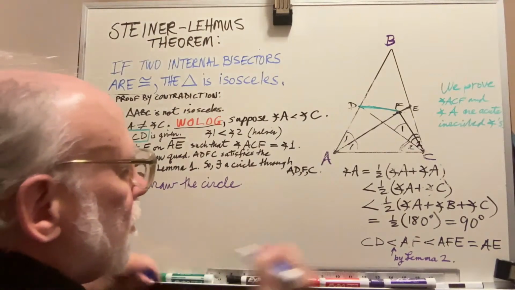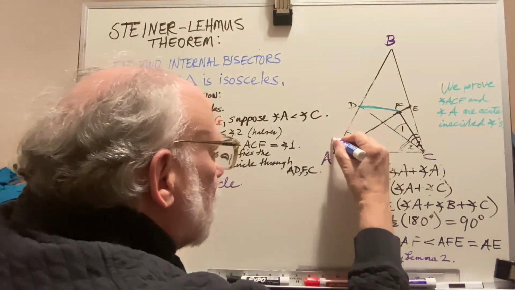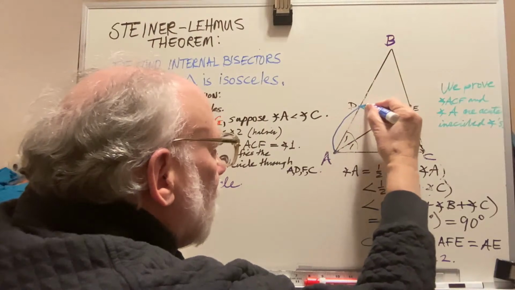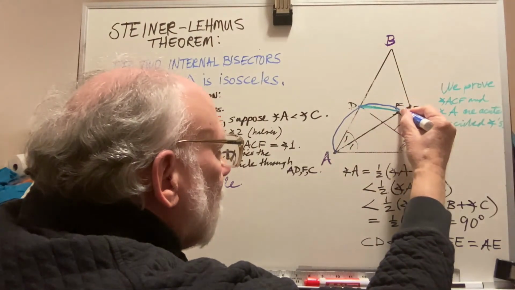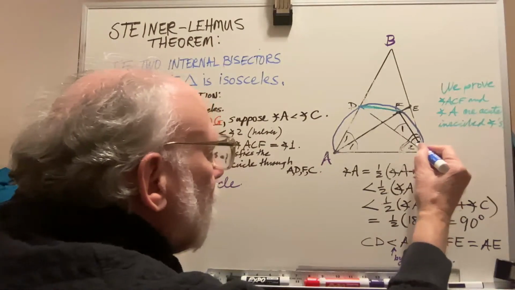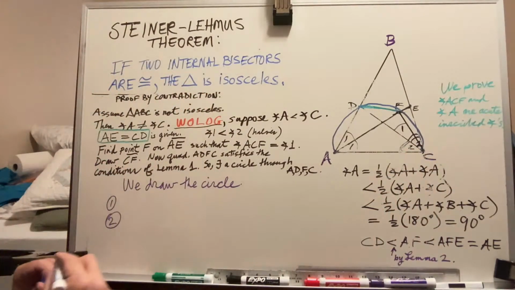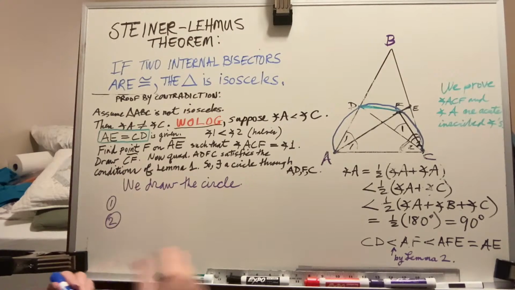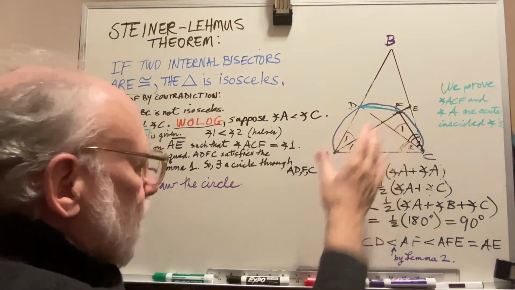So I'll try to draw the circle through ADFC. There's your circle through ADFC. Because the angle 1 and angle 1, those two angle 1s are in the right spots.